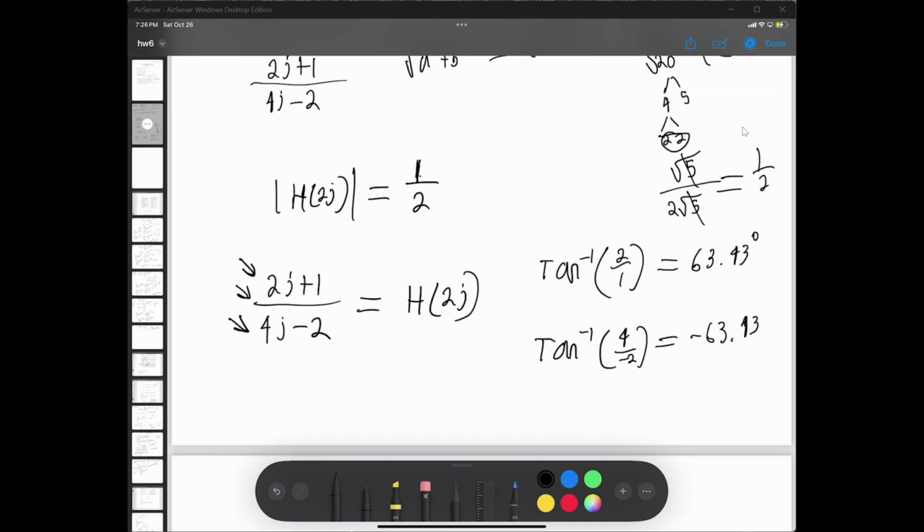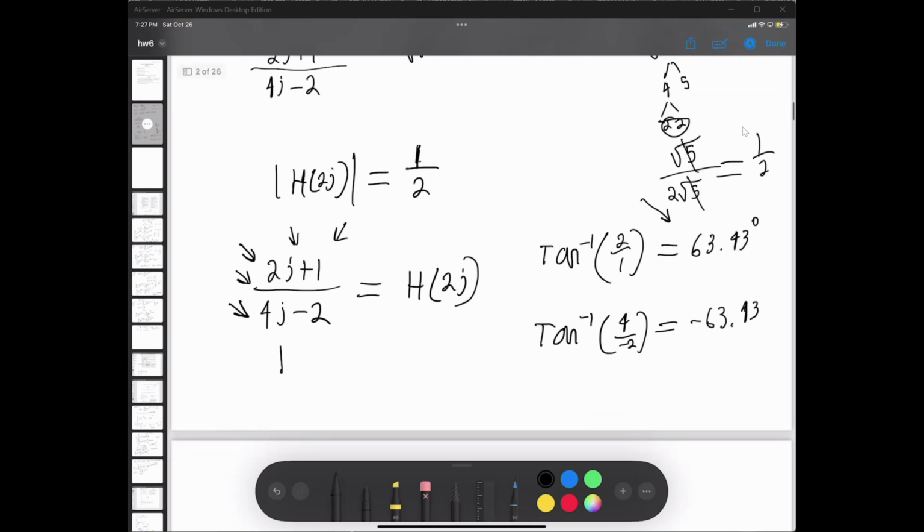J is the imaginary part, and j associates with sine, and sine associates itself with the y-axis. The real part is cosine, associated with the x-axis. These are both positive, so this should be in the first quadrant, and 63 degrees is in the first quadrant, so it's fine.